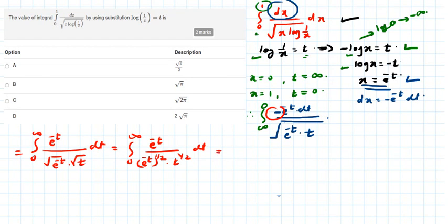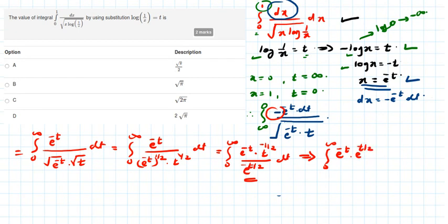This is again integration 0 to infinity e raised to minus t into t raised to minus half upon e raised to minus t by 2 dt. This e raised to minus t by 2 will go in the numerator, so that will be e raised to plus t by 2 into t raised to minus half dt.